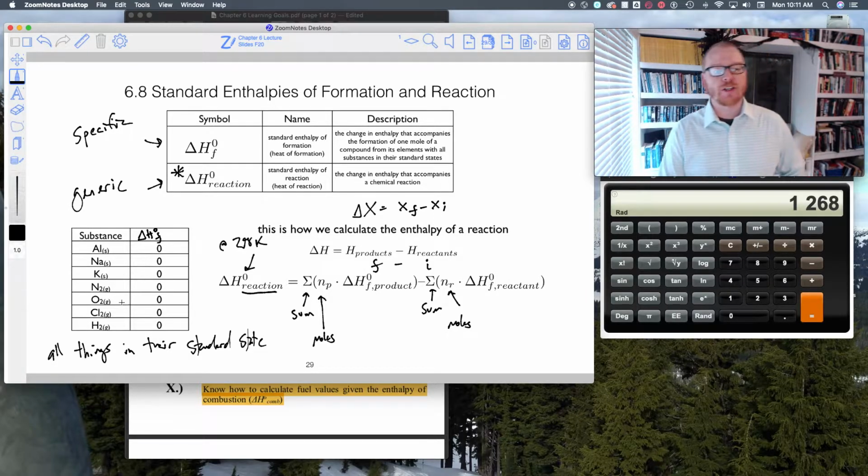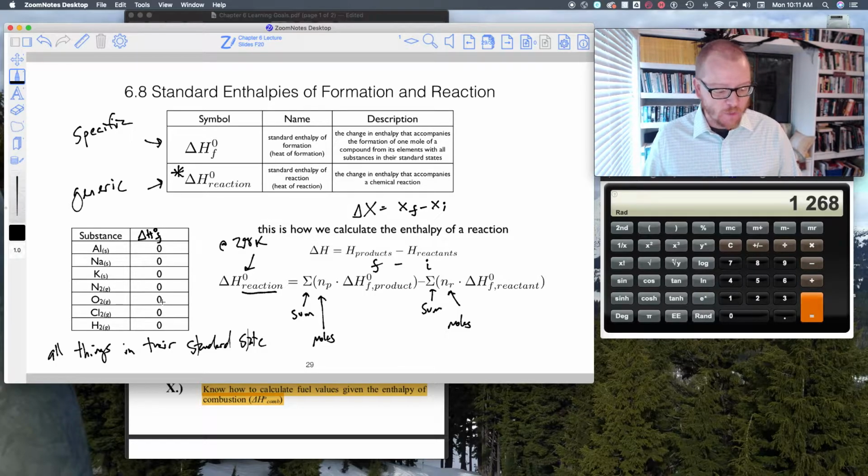Okay? So you notice here's just a few examples, such as aluminum metal, sodium metal, potassium metal, nitrogen gas, oxygen gas, chlorine gas, hydrogen gas. So because this is at 298K, right, whatever we expect that substance to be at 298K, that is its standard state. And so if it exists in that standard state in a chemical reaction, we can automatically put 0 for its enthalpy of formation. Okay?